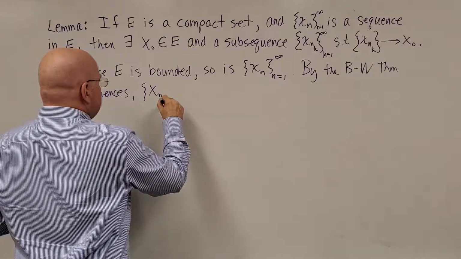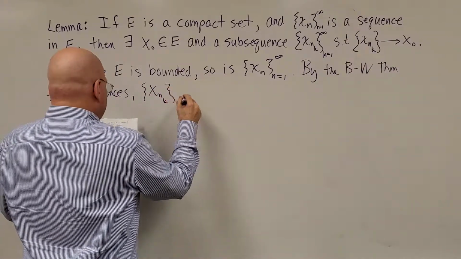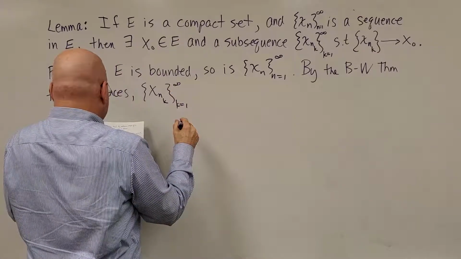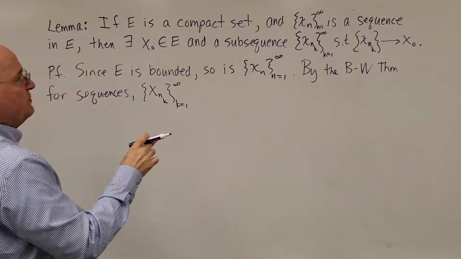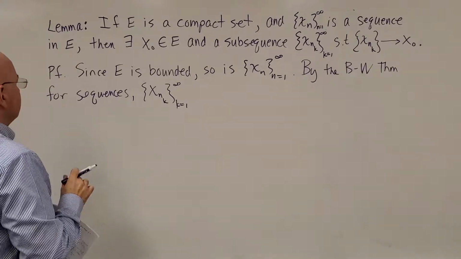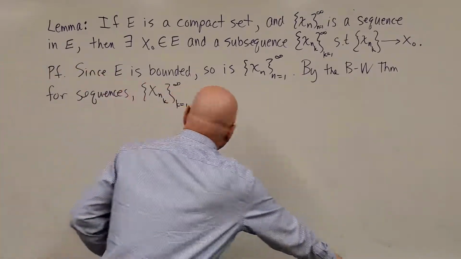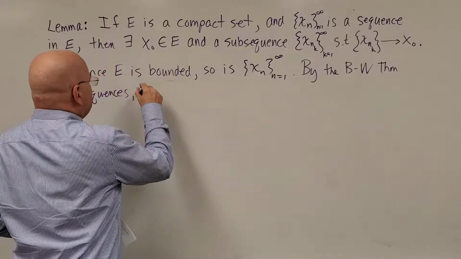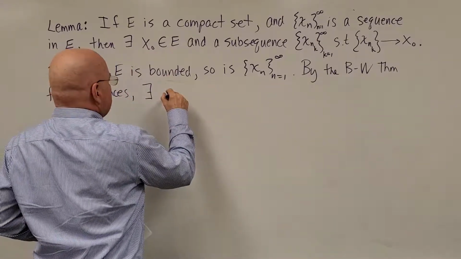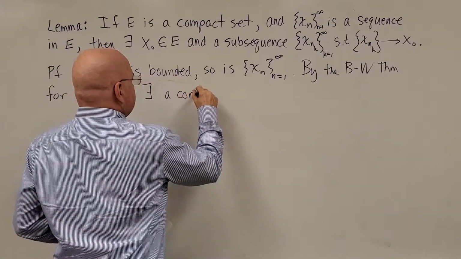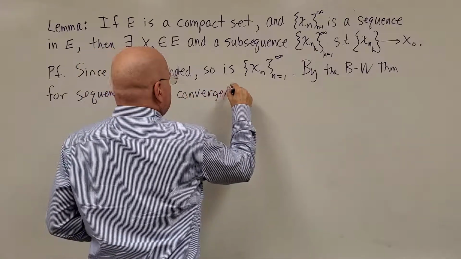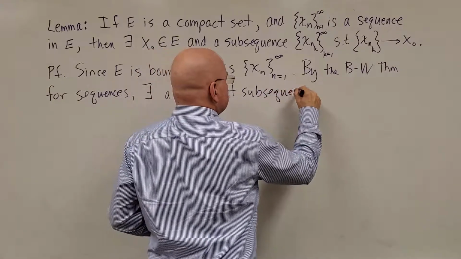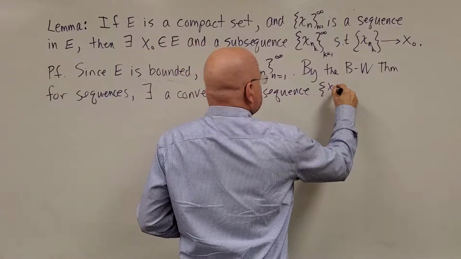X sub k, k going from 1 to infinity. Let me see, by the Bolzano-Weierstrass theorem for sequences, I need to say there exists a convergent subsequence, X sub nk.